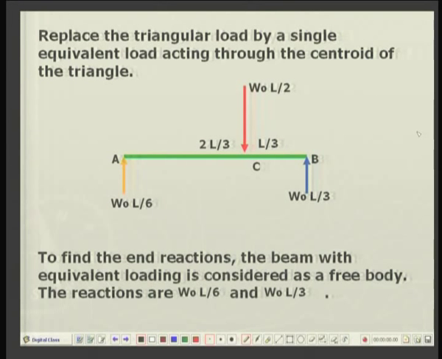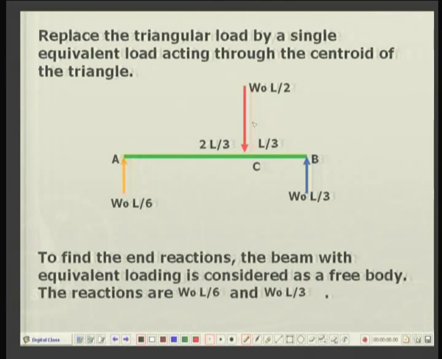The total triangular load is replaced by a single concentrated load W0 L by 2, which is the area under the triangle, and its location is such that the span is divided into two parts, 2L by 3 and L by 3.